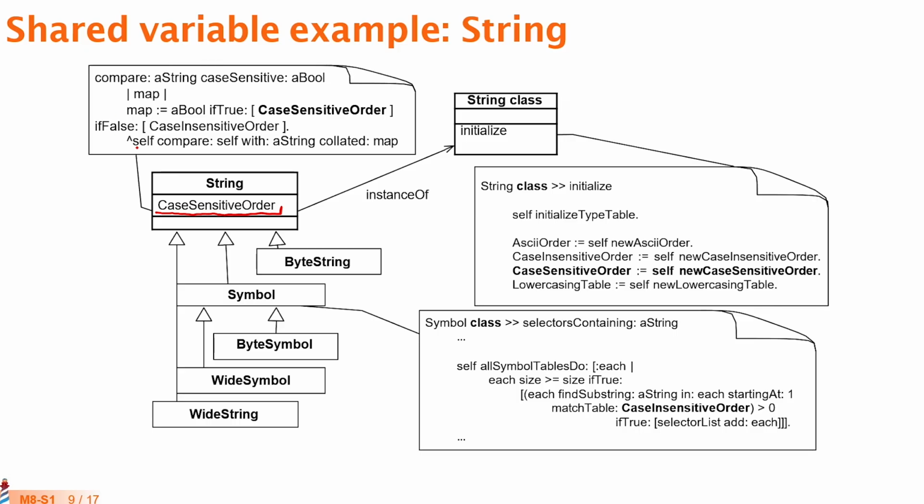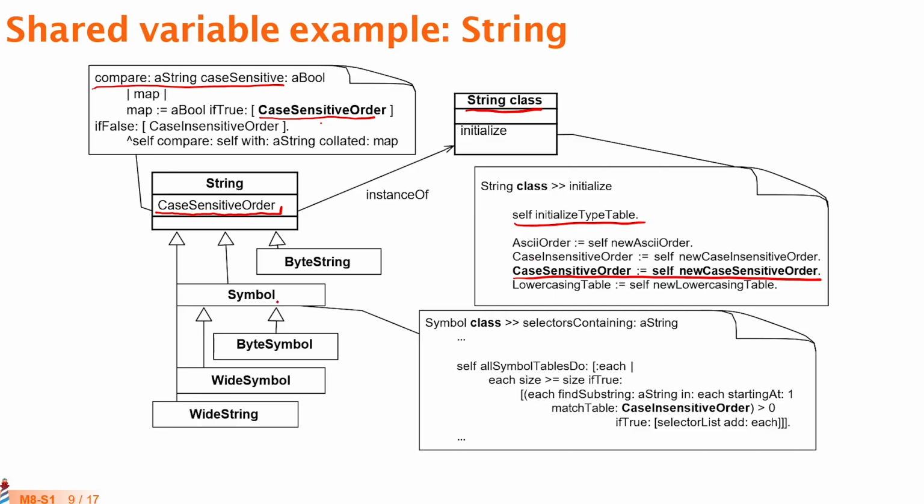And what you see is that in the instance methods, the class String uses this shared variable, and of course the String class, the metaclass, has an initialize, so it will initialize a type table. I don't know exactly what it is, but what I wanted to show you is that yes, this shared variable that is used in the instance methods is initialized at the class level.